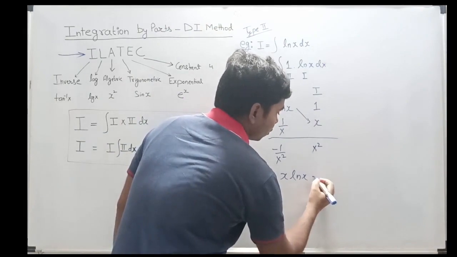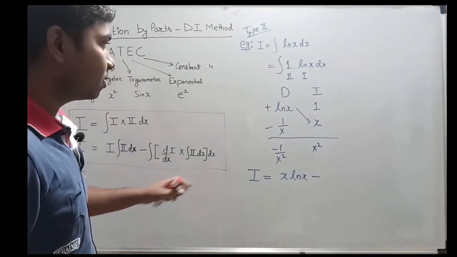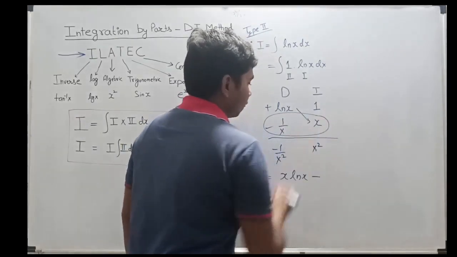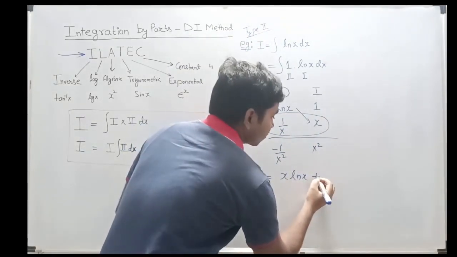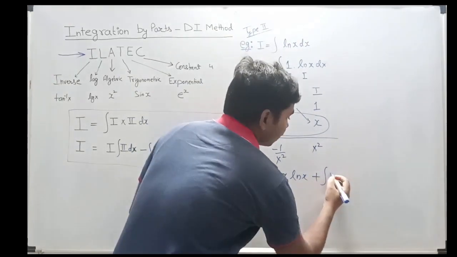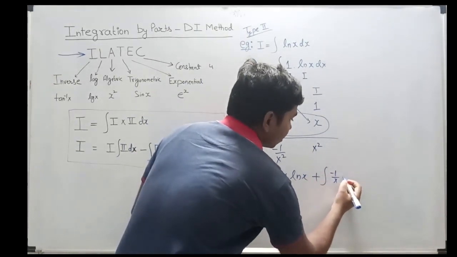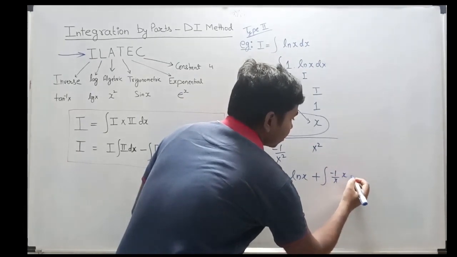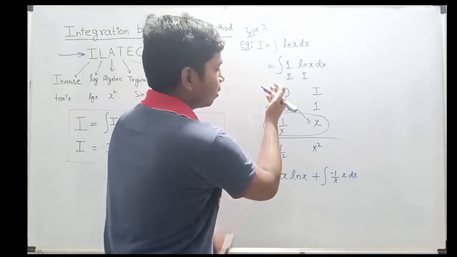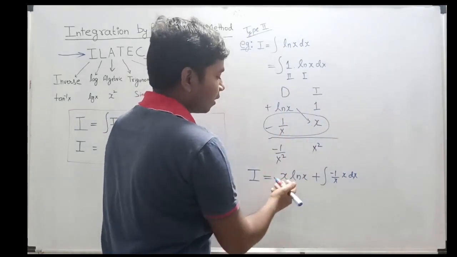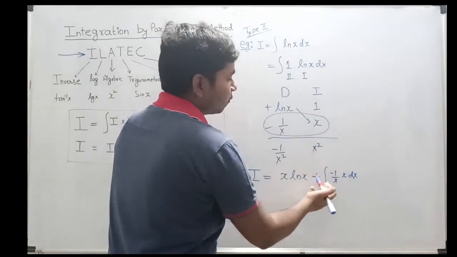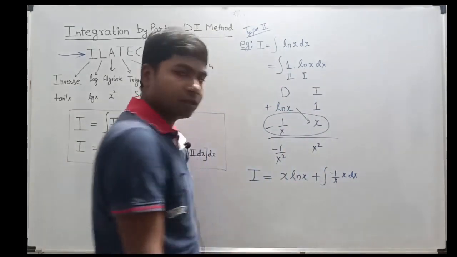The remaining part, if we want to write it in integral form, we have to use the integration sign and then multiply both functions, minus 1 by x into x dx. If we multiply in a cross, we can write directly, and if we want to multiply in a straight line, we have to use the integration sign for this.